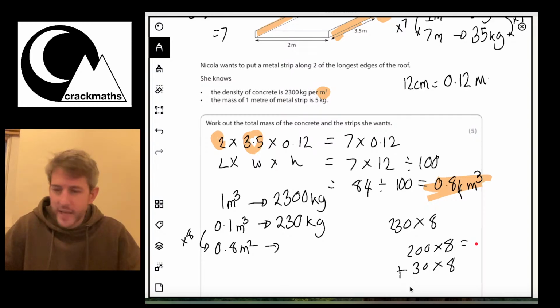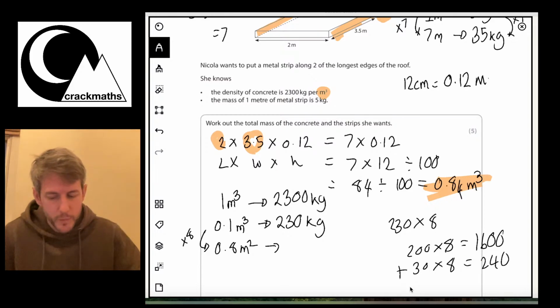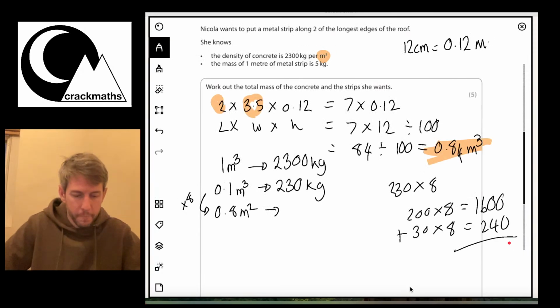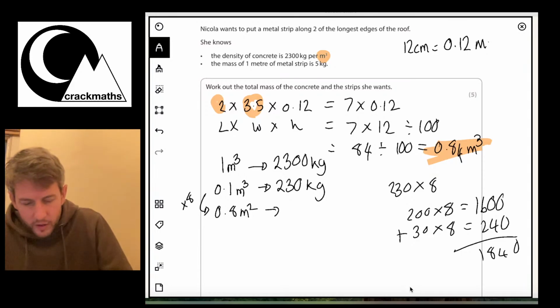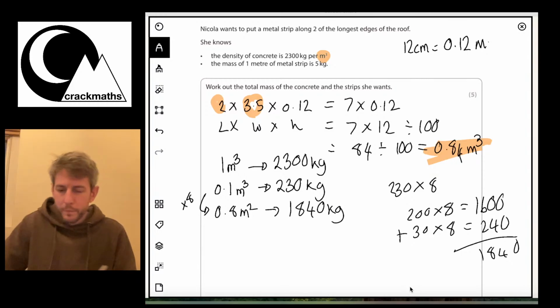So 200 times 8 is 1,600. 30 times 8 is 240. Okay, so 0.8 is going to be 1,840 kg. Now we need to work out 0.04.